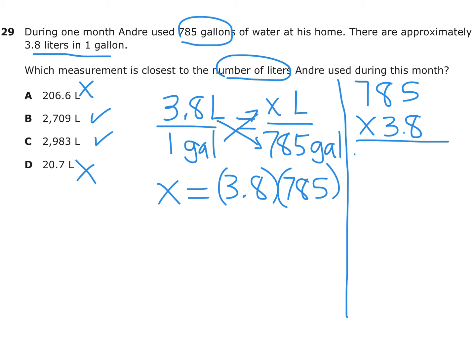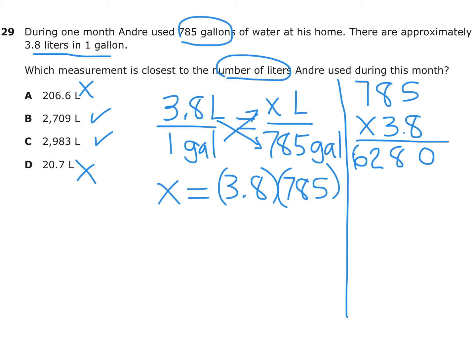We're going to multiply 8 times 5 is 40, carry a 4. 8 times 8 is 64, plus the 4 that we carried, that's 68, carry a 6. 8 times 7 is 56, plus the 6, that would be 62. So 785 times 8 is 6,280.